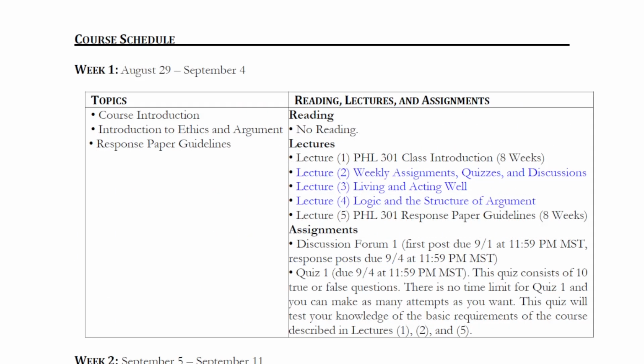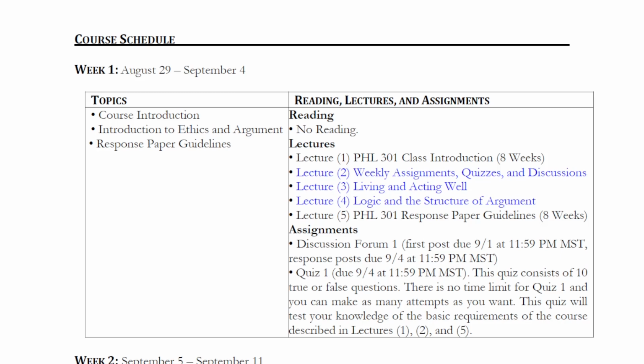First, how do I know when a given assignment is due? Well, you can find this information on the course schedule of the syllabus, and let's look at a few examples to help you understand this. For instance, let's first consider week 1 of the class. For each week of the class, you can find the assignments you need to complete under the assignments area of the course schedule.